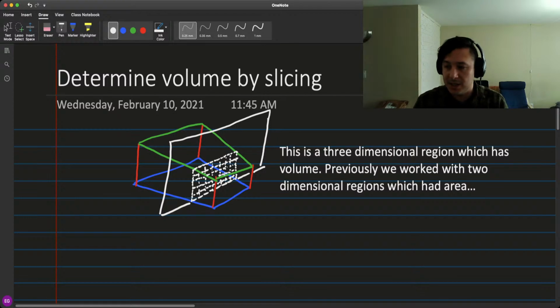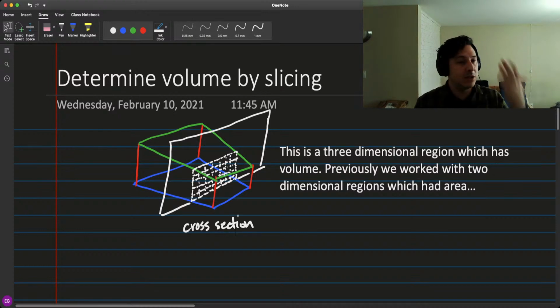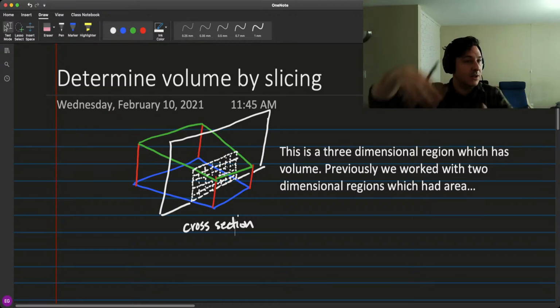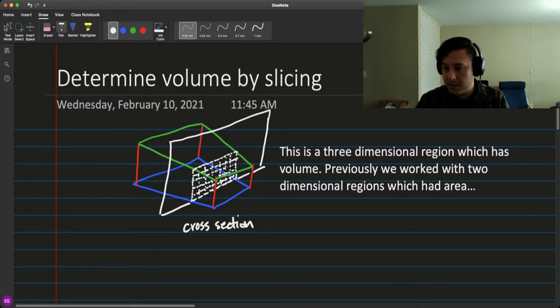This is called a cross-section. A cross-section is what you get when you have a three-dimensional shape and you slice it with a two-dimensional shape. Does it make sense? A plane is two-dimensional, so it's like you made a cut through it. So what's a cross-section?